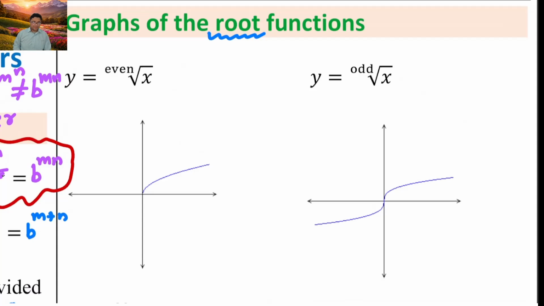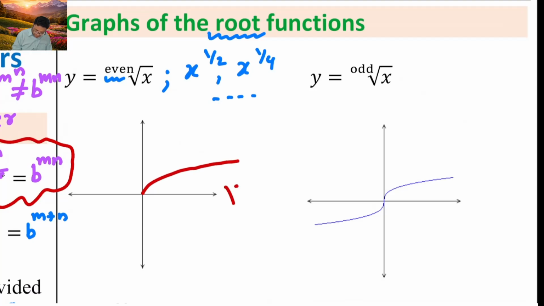So if you are taking an even number root, like x to the half or x to the 1/4 and so on, then notice this, your graph is only on the right side of the y-axis, towards positive x-axis, because you cannot define the square root of negative x, or a negative number.